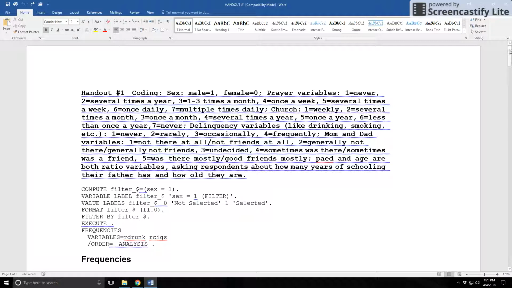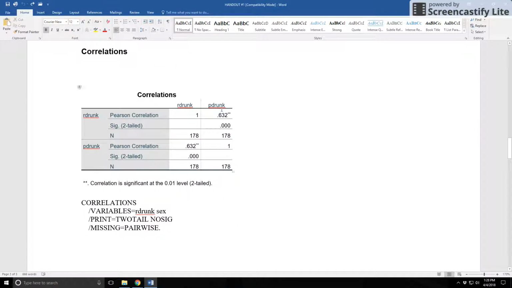Frequently. So as this increases, or the more frequently your peers get drunk, how does this change? This is a positive number, okay? You will either see this or that. You'll see a positive number or a negative number. This is a positive number. So as this variable increases, this variable also increases. How do I know? Because this is a positive number.